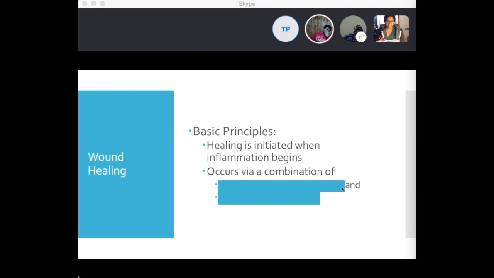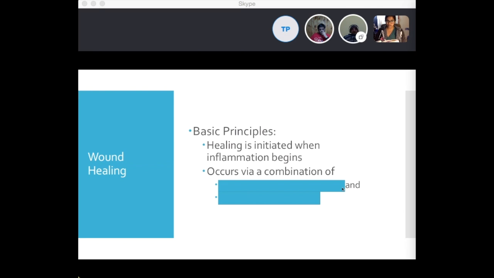Wound healing. So healing is initiated when inflammation begins. So you have an injury, got a cut, happens. As soon as inflammation starts, that's when healing is technically noted as starting. So healing occurs by a combination of two stages.